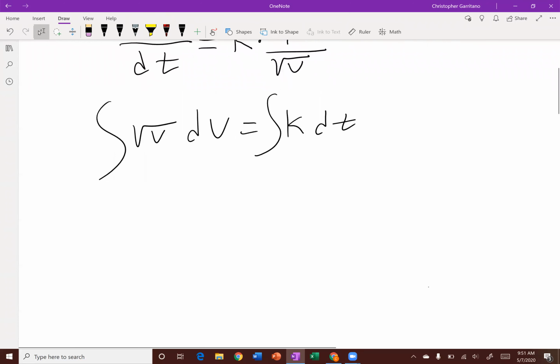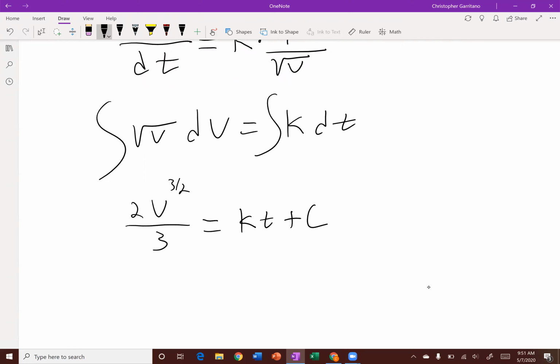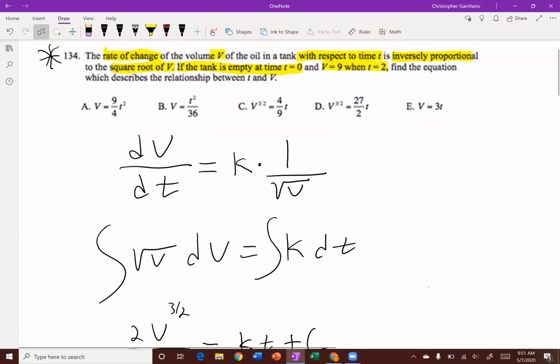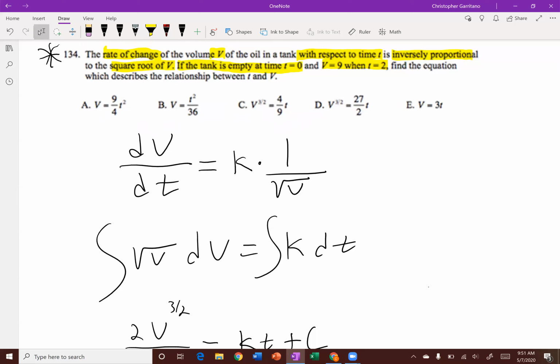All right, left side, you have V to the 3 halves times 2/3. Right side, you have kt plus C. Now at this point, we can go ahead and use our initial conditions. I'm going to use the first one, which says the tank is empty at time t equals 0.